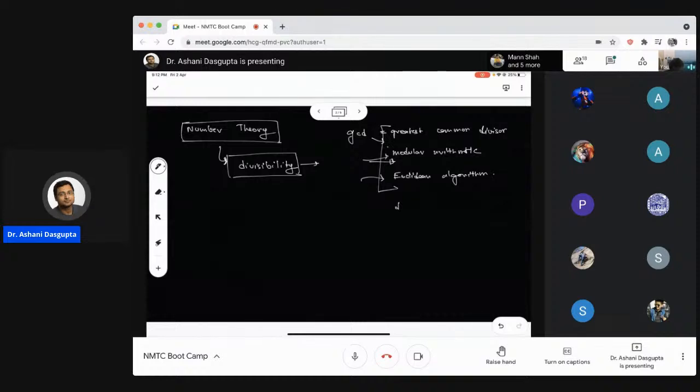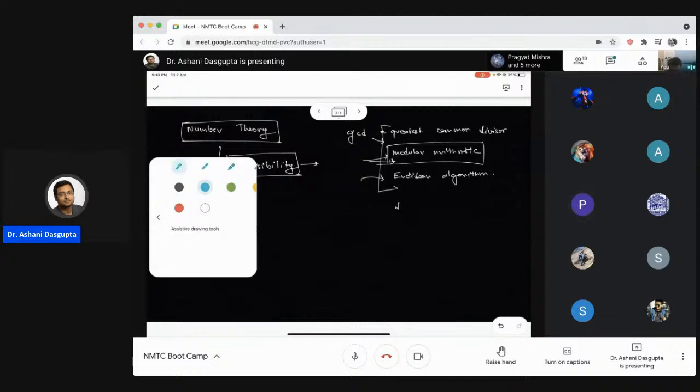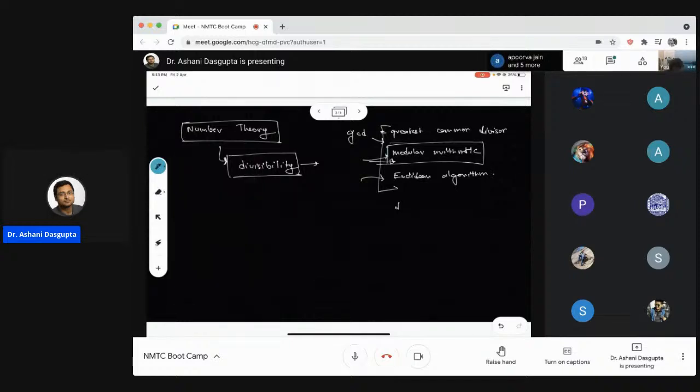Modular arithmetic is one of the most important tools that you can encounter, and I'll give you an example of what I mean by that. If you have not seen modular arithmetic before, here is a very quick introduction.